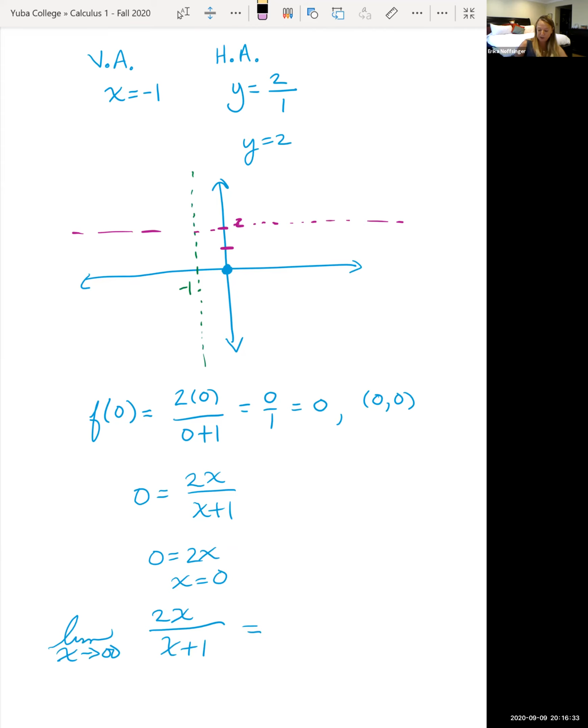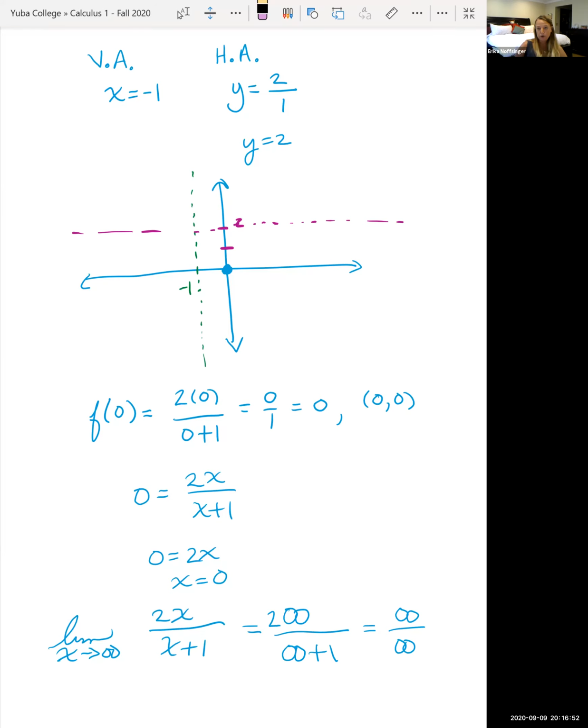That's growing really large, right? It's still going to infinity even though I'm multiplying it by 2. And I'm also having this infinity plus 1. So they're growing really large, pretty much as fast as one another, and so this is technically infinity over infinity.